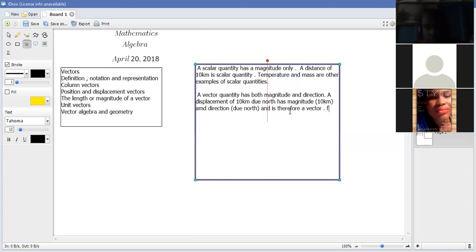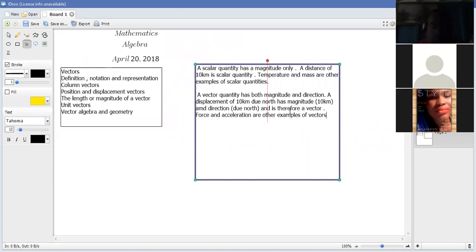Force and acceleration are other examples of vectors.